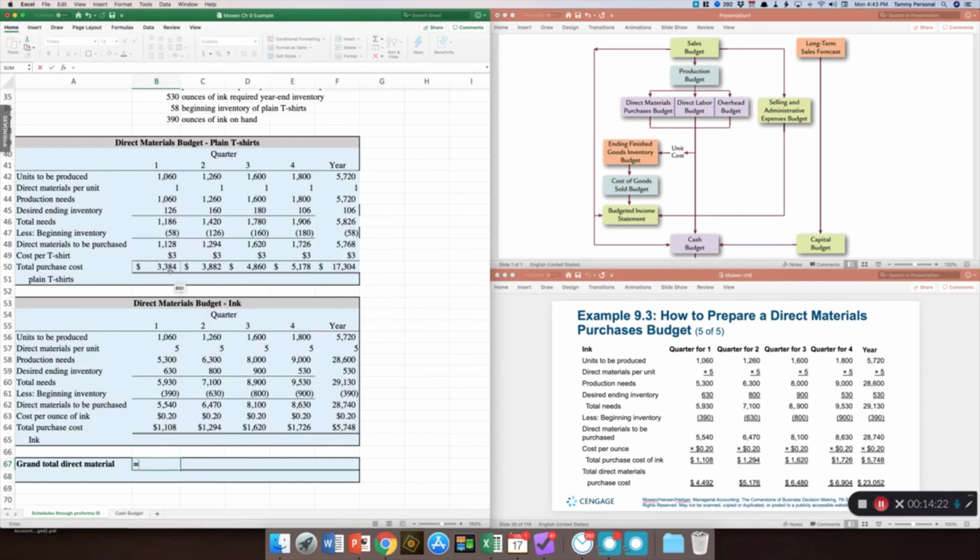So here's our t-shirt purchase, and there's our ink purchase, and it's $44.92 for the first quarter, copying out across each quarter, and you get to $23,000 for direct materials, $23,052. So that's how you do your direct materials when you have more than one element that goes into producing your product.